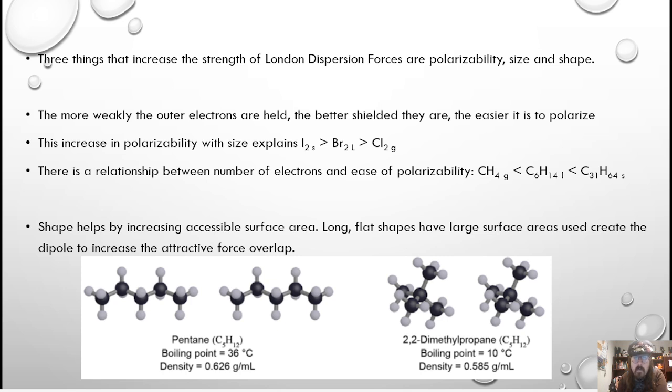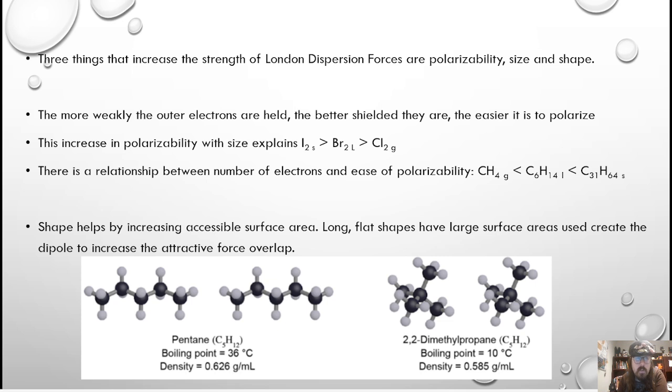Bromine is one of the few liquids we have because it has a little bit stronger, and iodine is a solid because it's extremely polarizable and can easily make a lot of London dispersion forces.